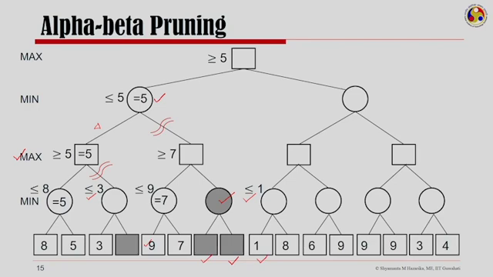Here I have a root node occupied by max, where if I visit the left tree, I would have 5, and I am expecting something greater than 5 by visiting this side of the tree, the right side of the tree. Now, when I realize that this tree here, all it will give me is a maximum of 1, I can cut this tree out.